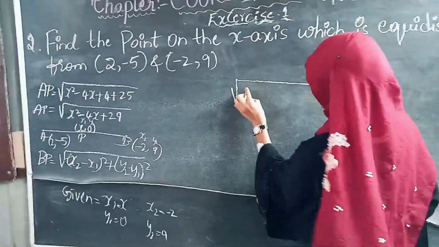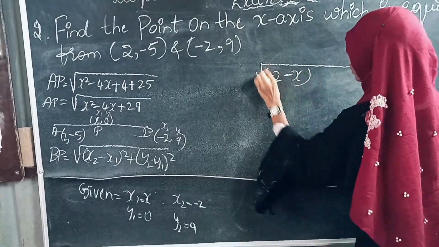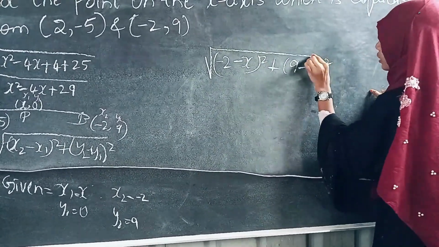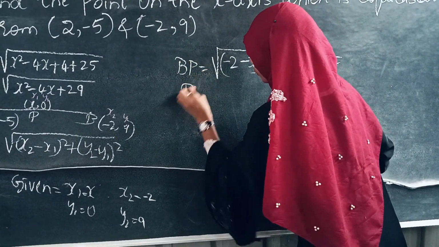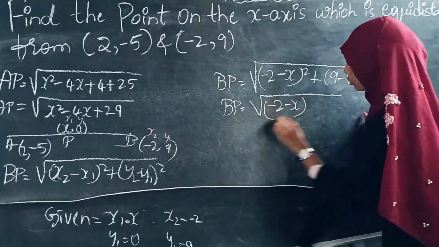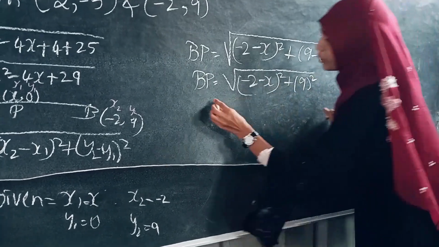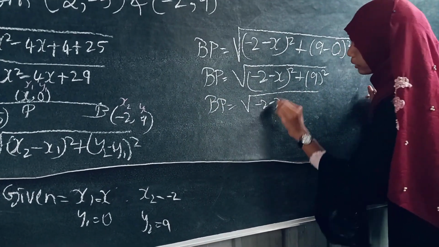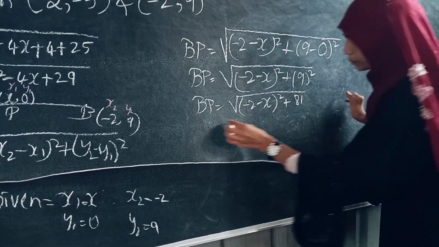Root of (minus 2 minus x) whole square plus (9 minus 0) whole square. BP is equal to root of (minus 2 minus x) whole square plus 9 whole square. BP is equal to root of (minus 2 minus x) whole square plus 9 into 9, which is 81.